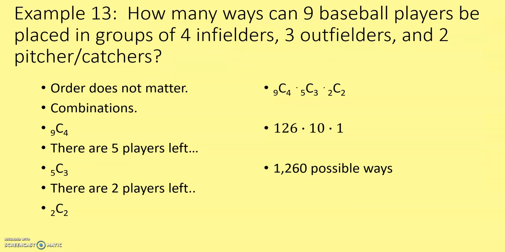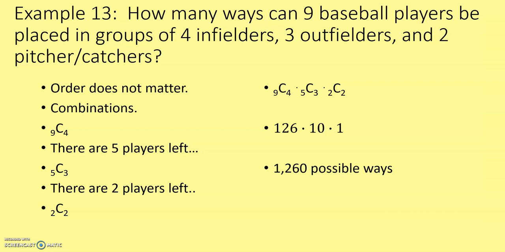Example 13. How many ways can 9 baseball players be placed in groups of 4 infielders, 3 outfielders, and 2 pitchers and catchers? Order does not matter, so we're talking about combinations. There are 9 players, and we are going to choose 4. Then there are 5 players left, and we are going to choose 3 for the outfielders.